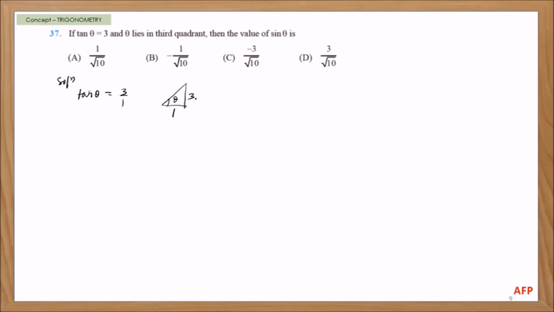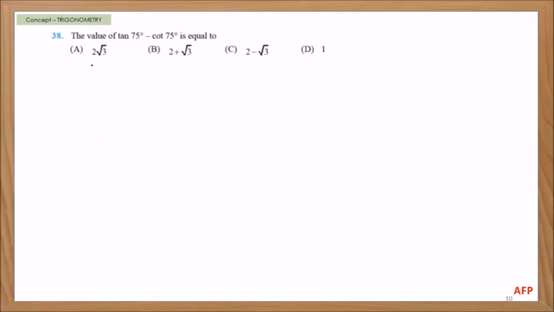By Pythagoras theorem, 9 plus 1, you will get root 10. Now sin theta is equal to opposite side by hypotenuse, but theta lies in the third quadrant. In the third quadrant sin is negative. So C is the option.